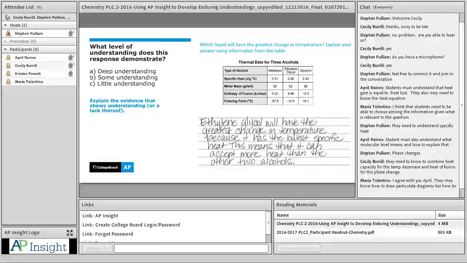Any other thoughts on this student response? Some students may be confused by the other information given in the chart. For example, the freezing point deals with temperature. Will it be relevant in answering the question?